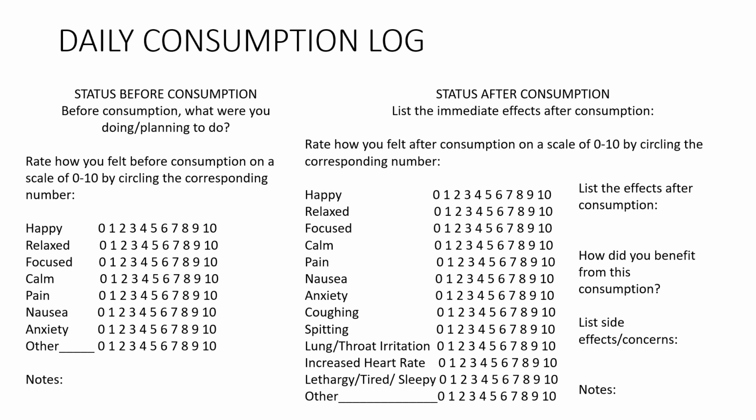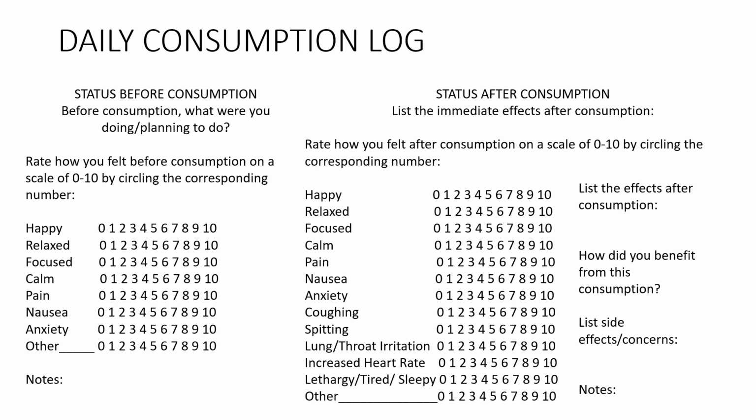And then you would do a variation of this, status after consumption. You would list immediate effects that come to mind. Then you will rate how you feel on a scale of 0 to 10 on these different dimensions: physical and mental.